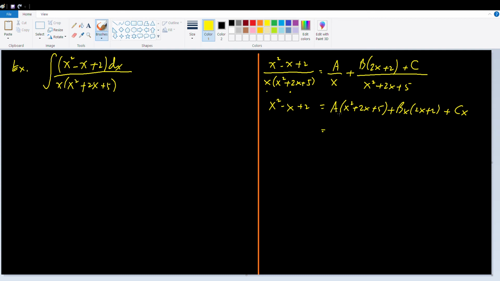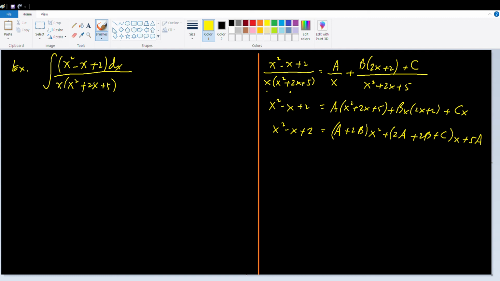So we'll combine similar terms, ax squared and 2b x squared. Then 2ax plus 2bx plus c. Okay, we factor the x, and then the constant is 5a. So x squared minus x plus 2.